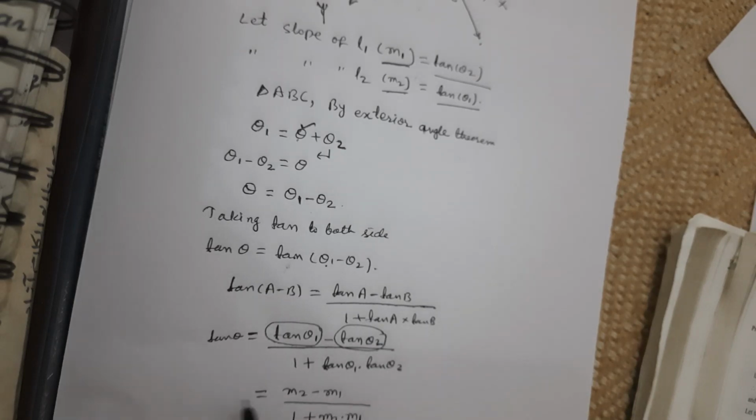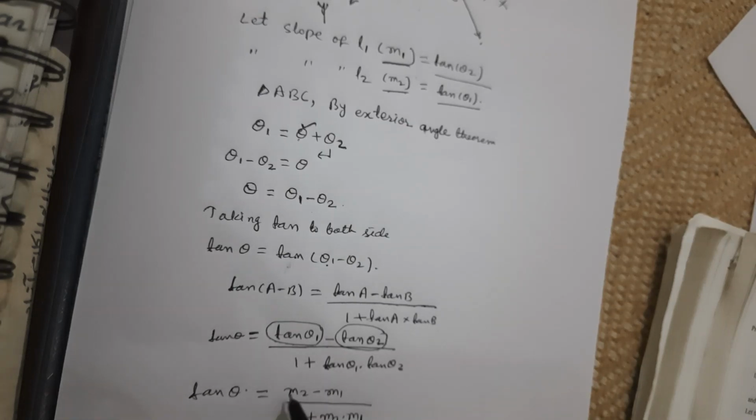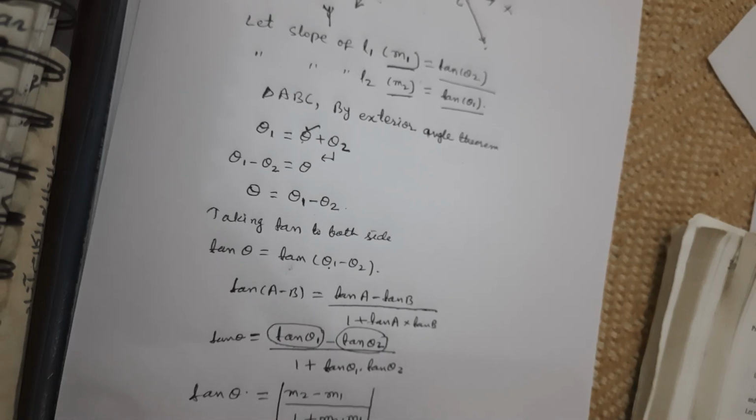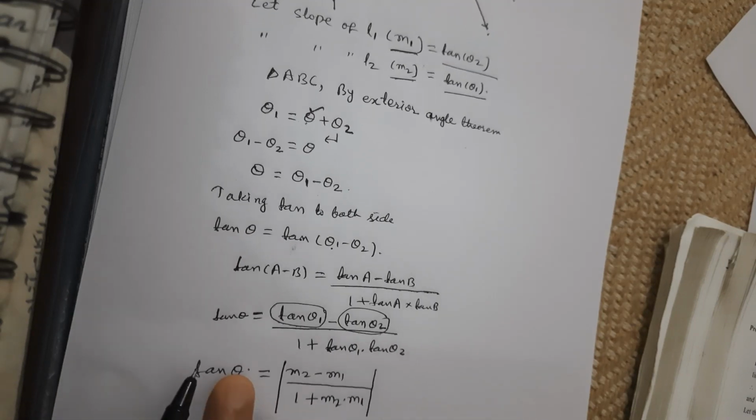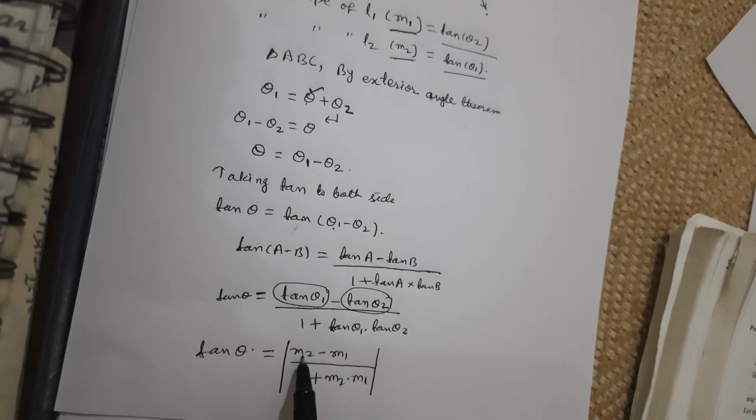Since slope is always a positive number, we always take the magnitude, the modulus of this formula. Basically we want M2 to be the greater value.